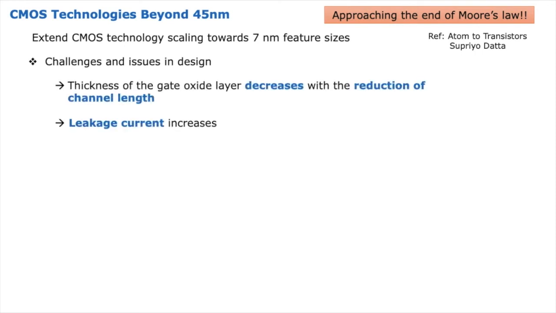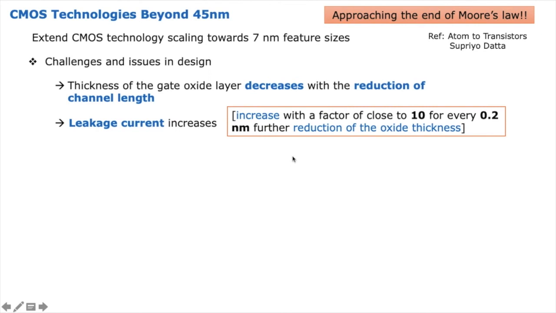The most important part is that when you decrease the channel length, the thickness of the gate oxide layer decreases with the reduction of channel length. Now, the consequence is that if you reduce the gate oxide thickness, then your leakage current increases, right? So you'll have more leakage current, and therefore the device is not going to work.